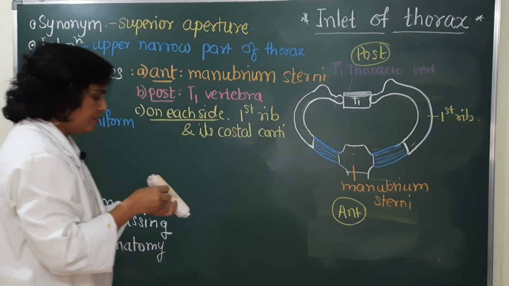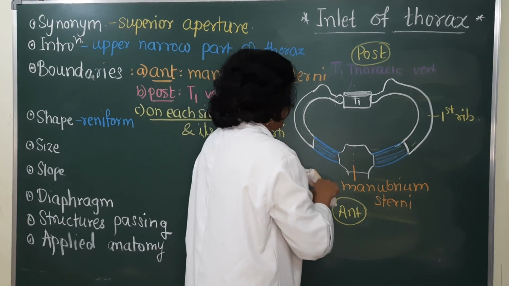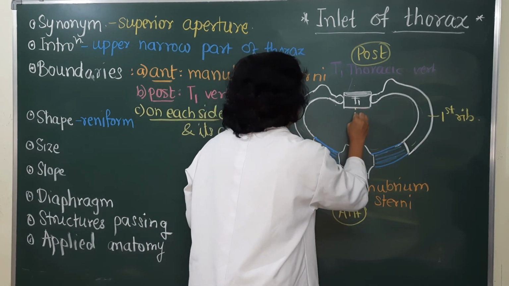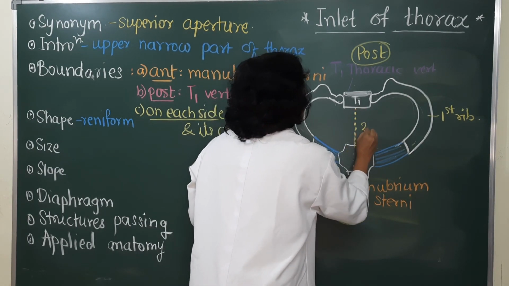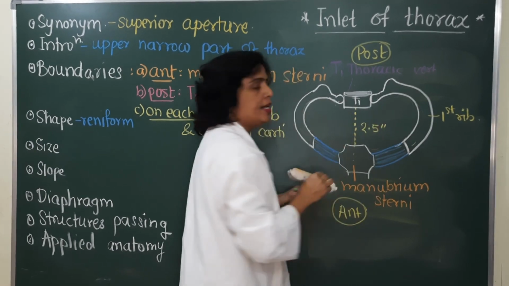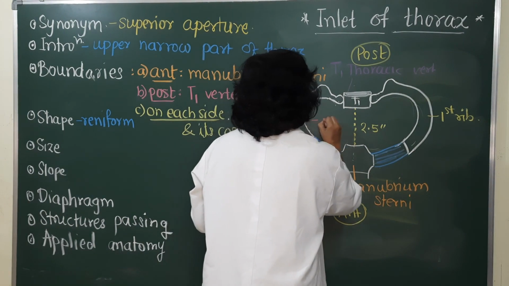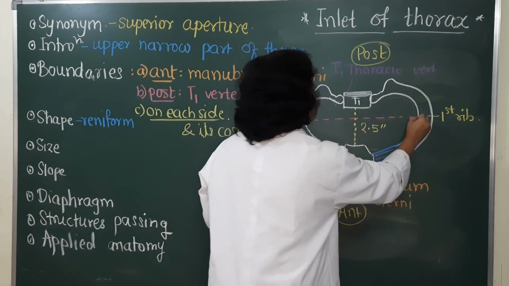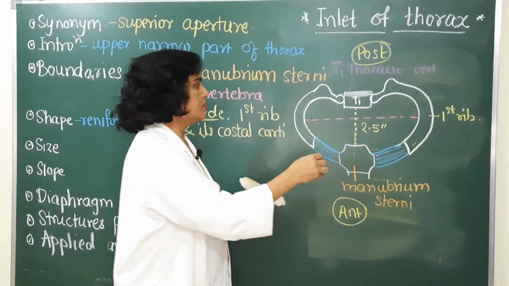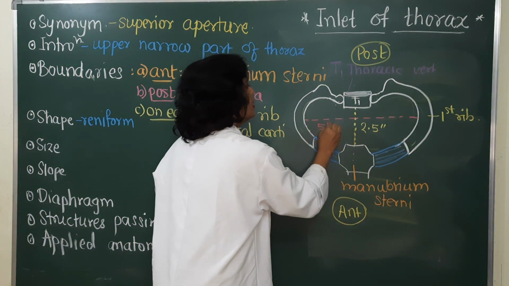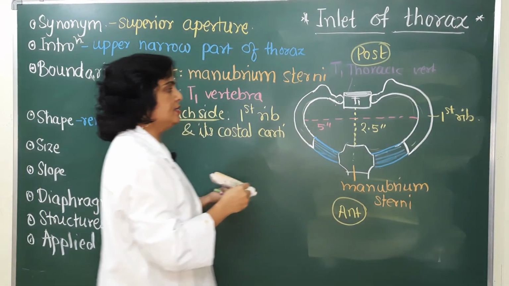Size wise, if you see anteroposterior diameter here, from here to here, it measures about 2.5 inches anteroposteriorly, and the transverse diameter of this inlet of thorax is double its anteroposterior diameter, that is 5 inches.